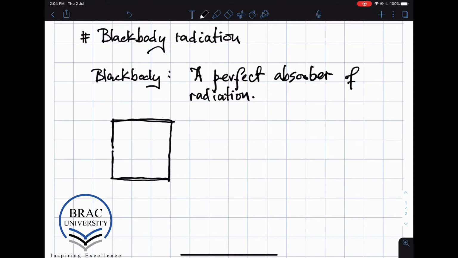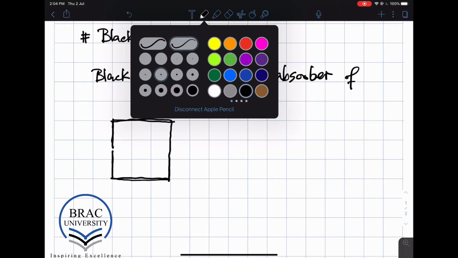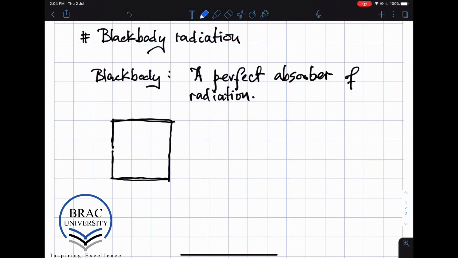Then what happens is that if a ray of light or some radiation enters this chamber through this little opening, it'll get reflected inside and it'll bounce around. The probability of this radiation getting out through this opening is very, very small.